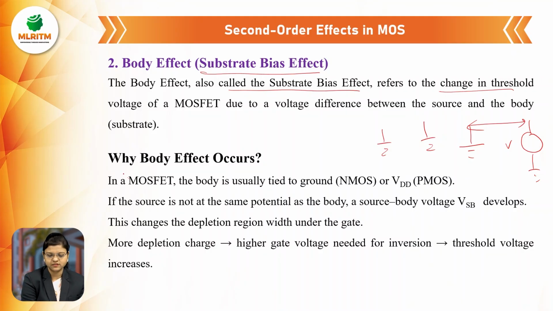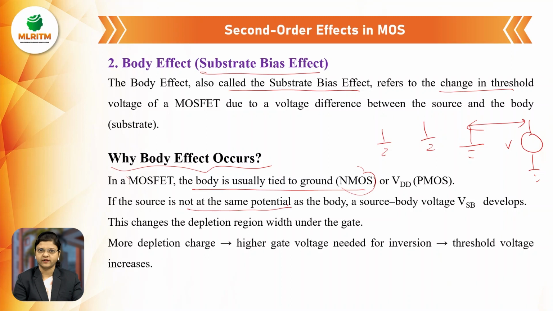Now why does this body effect occur? In a MOSFET we generally tie the source to ground if it is NMOS, and to VDD if it is PMOS. If the source is not at the same potential as the body, a voltage VSB, the source to body voltage, develops.